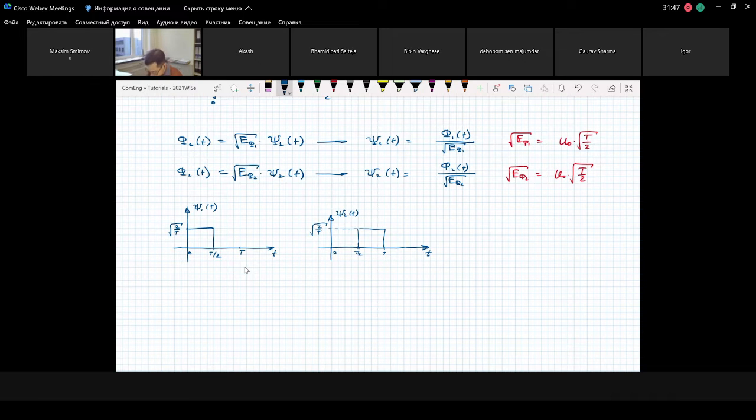So now we also have information about how basis functions look like. And you see that they're orthogonal, of course. And actually, it's related to the next question.